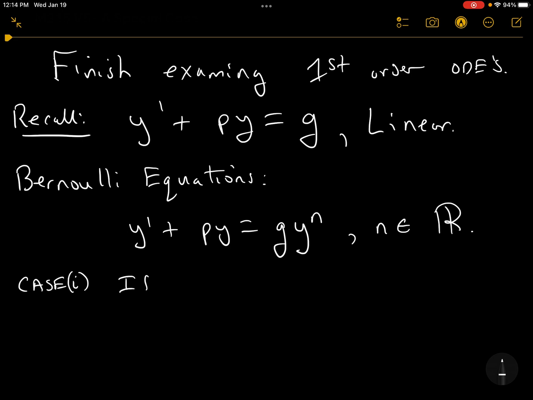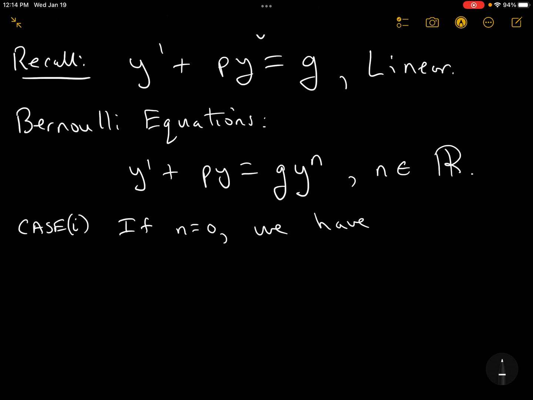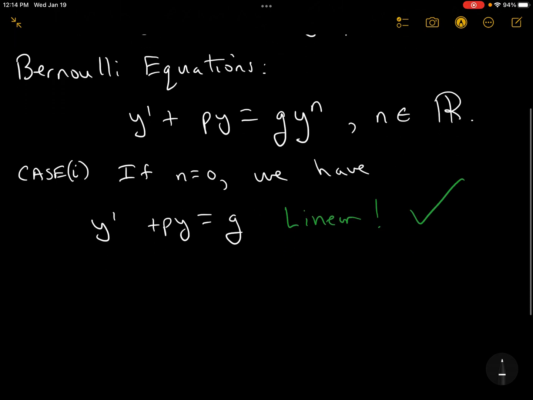Case 1, if n equals 0, we have, right, y to the 0 is 1, so we have y prime plus p y equals g, and this is linear. So we know how to solve it, check. Okay, that's case 1.